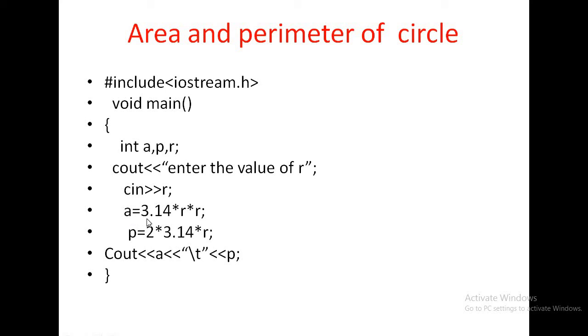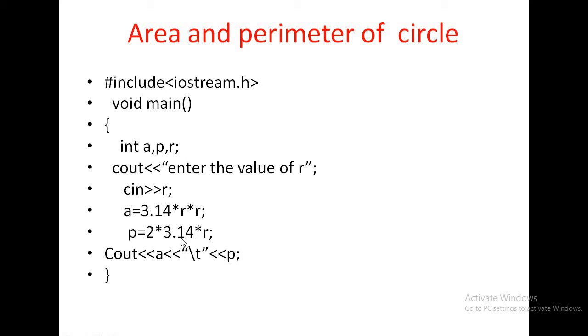Area is equal to pi r square. The value of pi is 3.14, so I am writing 3.14. R square means R multiplied by R. And P means perimeter, 2 pi r: 2 multiplied by 3.14 multiplied by R.